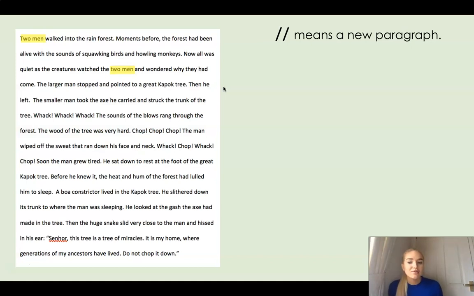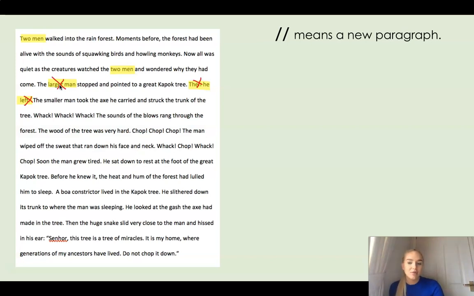The larger man stopped and pointed to a great kapok tree. We've got this idea of a larger man, so it's still talking about the men. Then he left. Okay. Now, before we were talking about the 2 men, but now we are just talking about 1 man. So that is where my focus changes slightly. So I'm not going to put the larger man or then he left into the same paragraph.